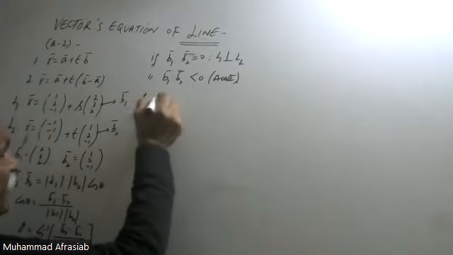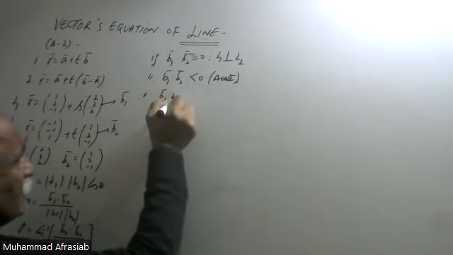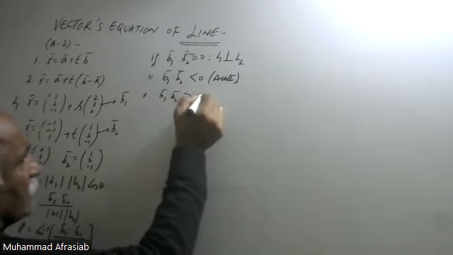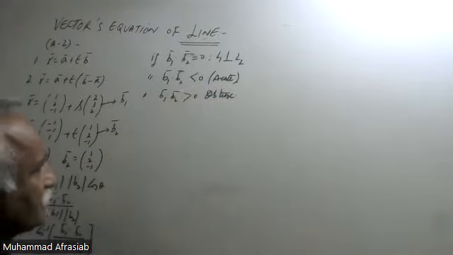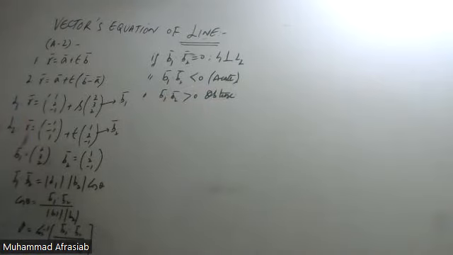And if B1 dot B2 is greater than 0, then the angle between these two lines will be obtuse. So here we will check the angle between these two lines.